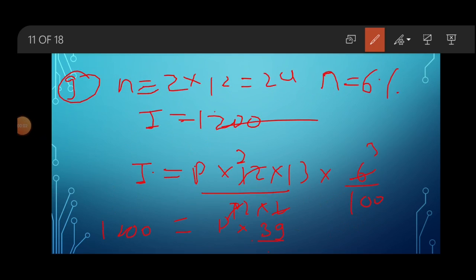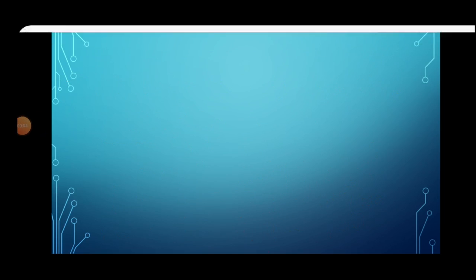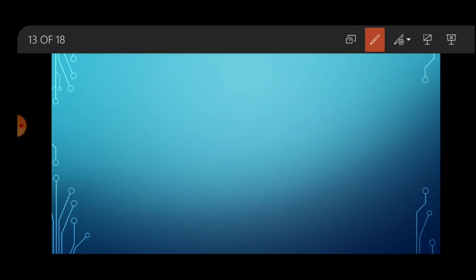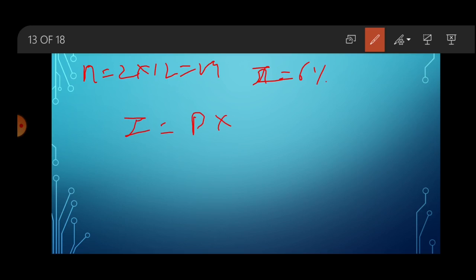Now moving to question number 9. In question number 9, the value of N is 2 into 12, that is 24. Rate of interest R is equals to 6%. And for the interest, I will directly apply the formula I is equals to P into N into N plus 1 upon 2 into 12 into 6 by 100.